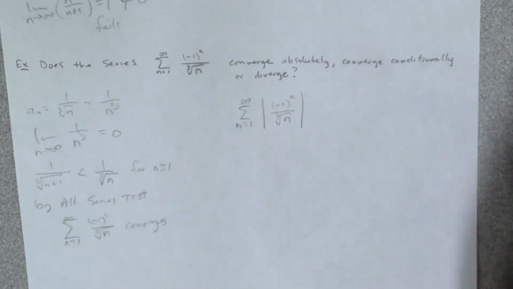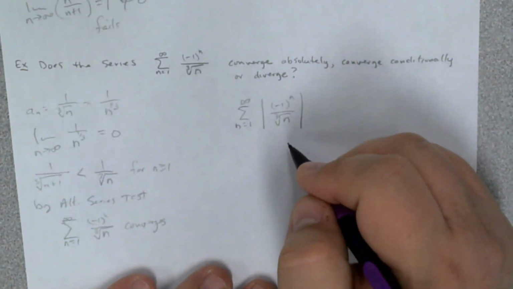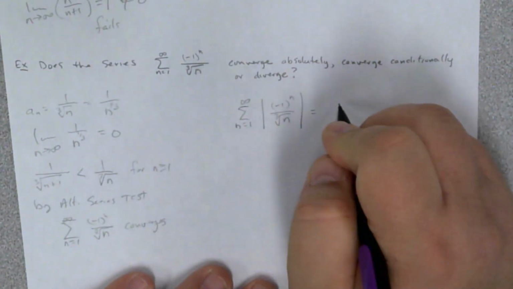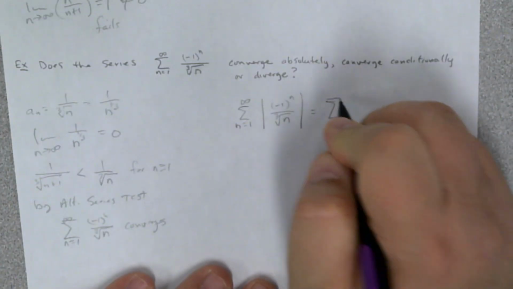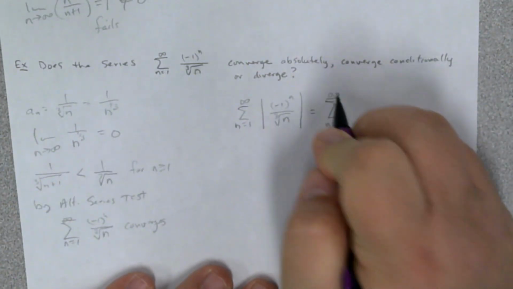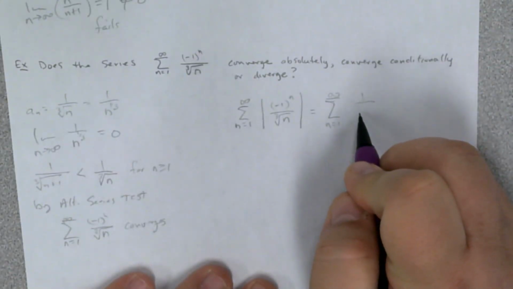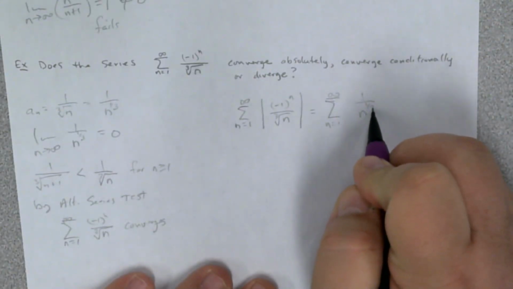An absolute value just makes them all positive. So this is equivalent to the series of just 1 over n to the 1/3.